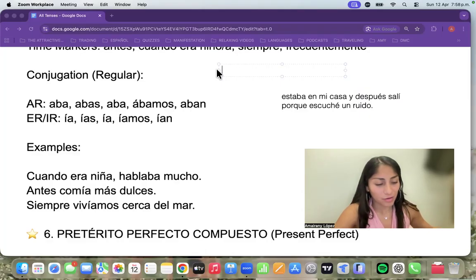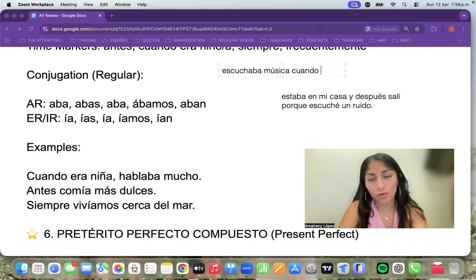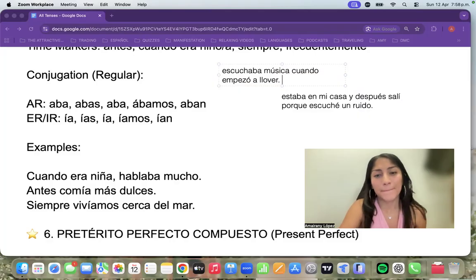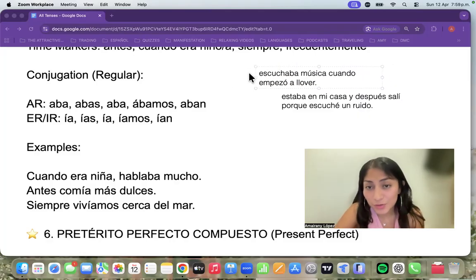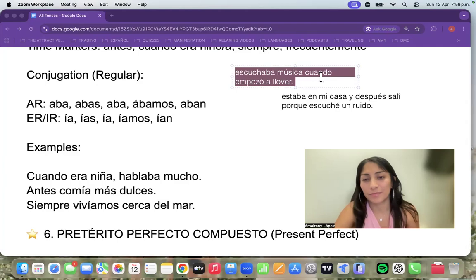Okay, so for example, another thing that I can think of would be: escuchaba música cuando empezó a llover. I was listening to music when it started to rain.